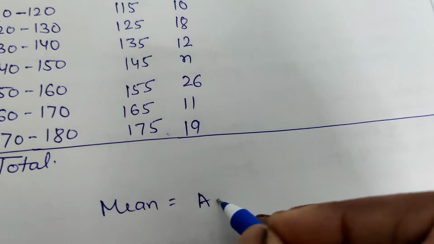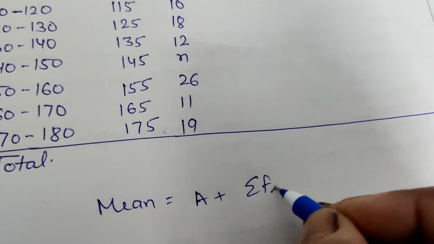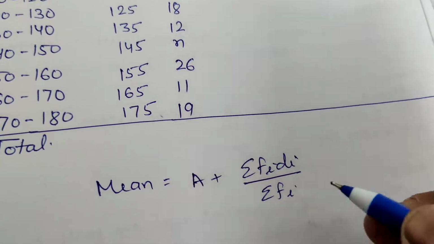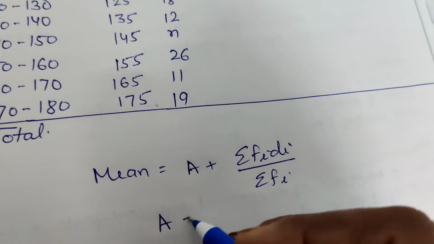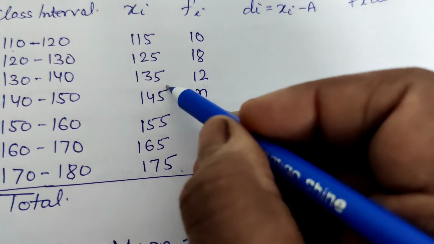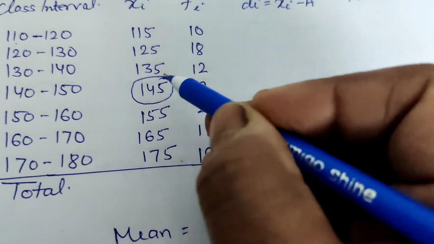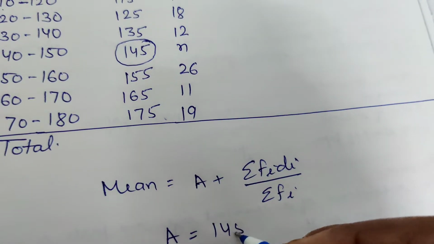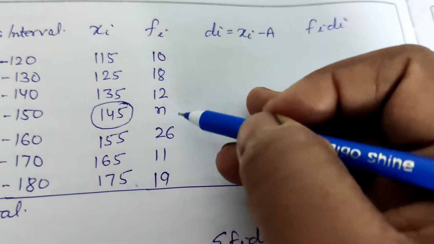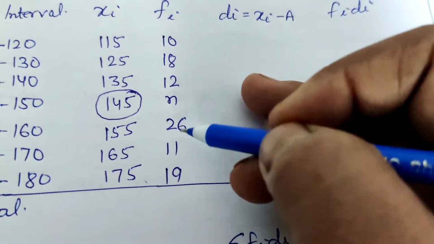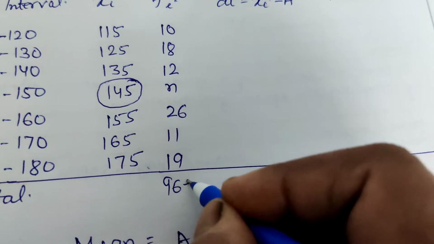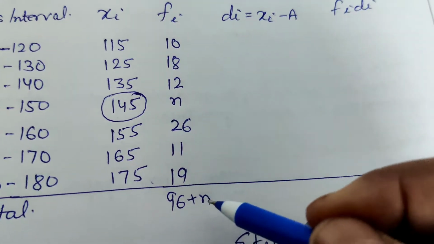Okay. The formula of mean is A plus sigma fi di upon sigma fi. This is the assumed mean method. A is the assumed mean. Assumed mean we can take the middlemost of this one. Assumed mean is 145. Now find the total of the frequencies. Add, 96 plus n, the sum of the frequencies.